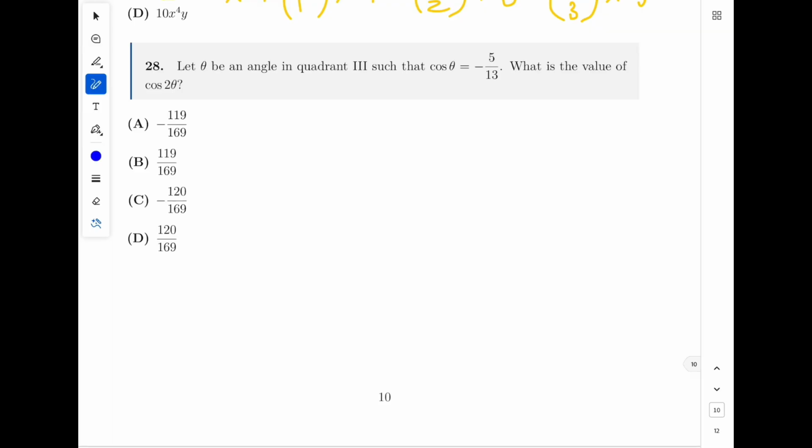Alright, question 28. I recommend you try it on your own. If you know the formula for cos 2 theta, this is a relatively very easy one. So we know that cos 2 theta is simply 2 cos square theta minus 1, and we have cos theta, which is minus 5 over 13.